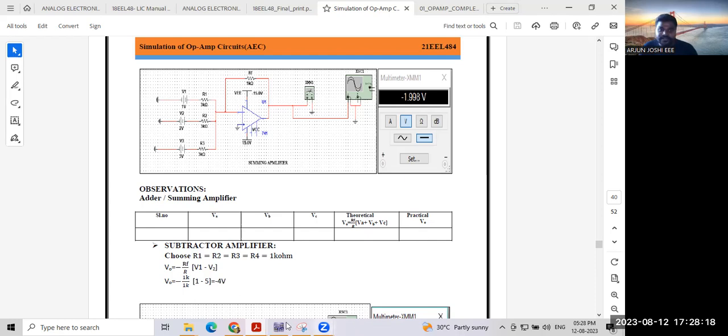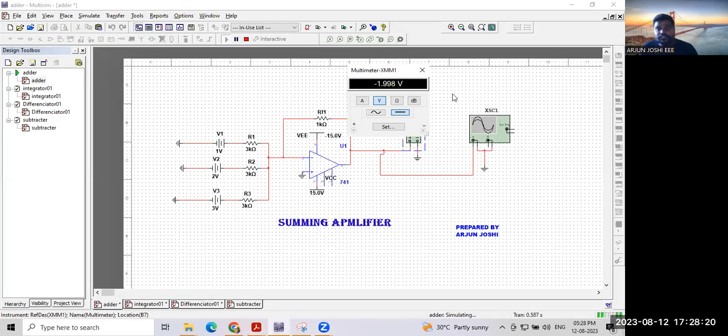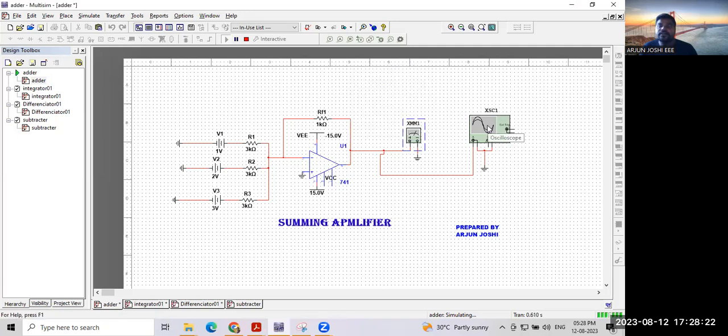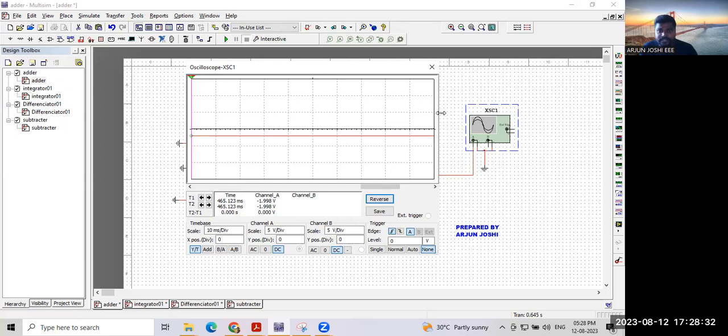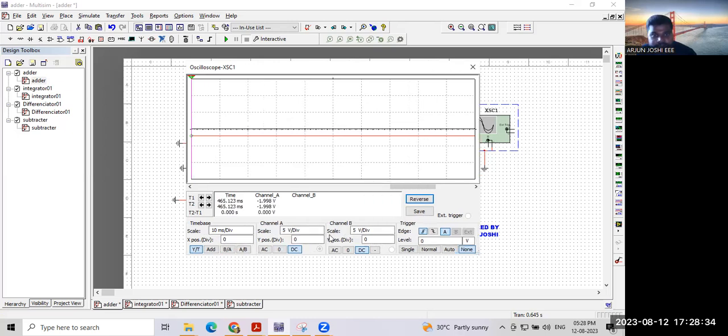Then I'm going to show you how to see it in the oscilloscope. Here it shows DC, so that's why it shows a single line.